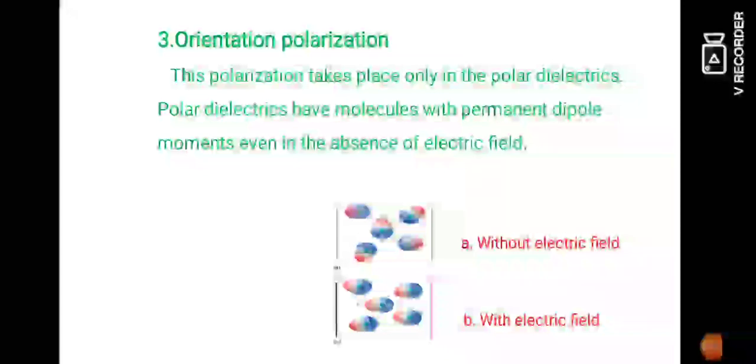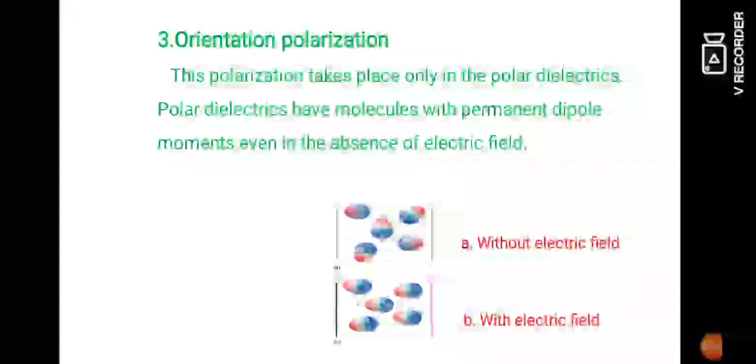Now let us see in figure A, without the application of an external electric field, the polar molecules are oriented in random directions. That means they have no order. The molecules are oriented, that means rotated, in different positions as well as different directions. But when we see the second figure, when the external electric field is applied, what happens?